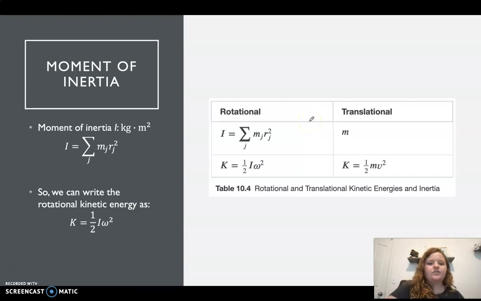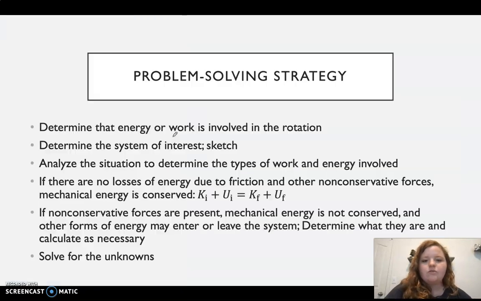So when we're looking at rotational versus translational motion, in rotational we will be taking our moment of inertia into account, versus in translational, we just have to take into account our mass. So we can now write our rotational kinetic energy as K equals 1/2 I omega squared, where I is the moment of inertia. Note that the moment of inertia has units of kilograms meters squared. Just a quick note.